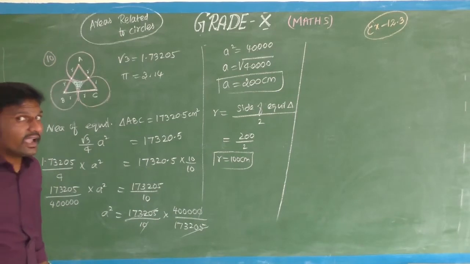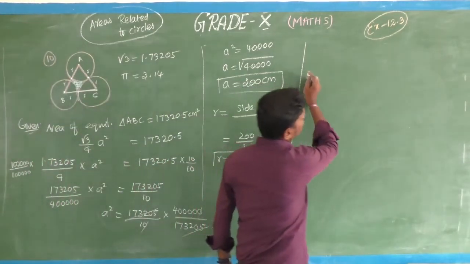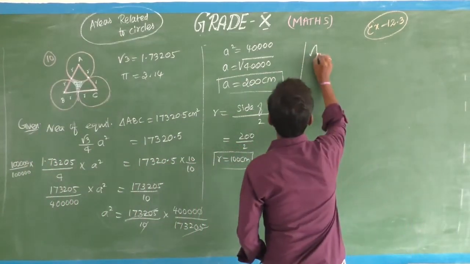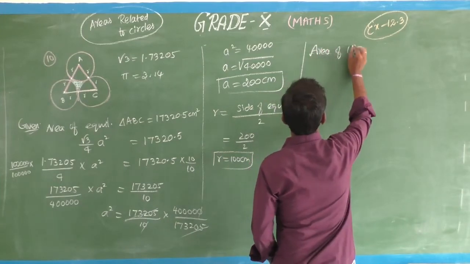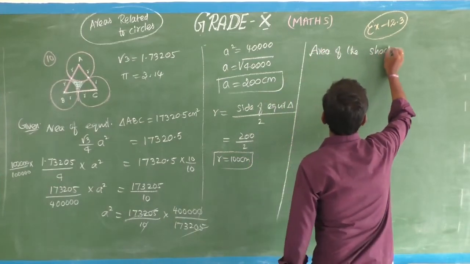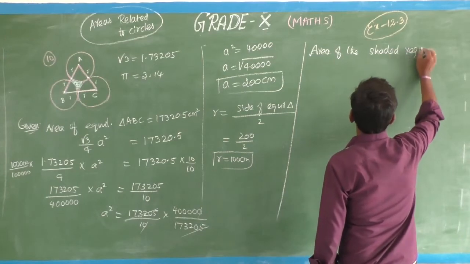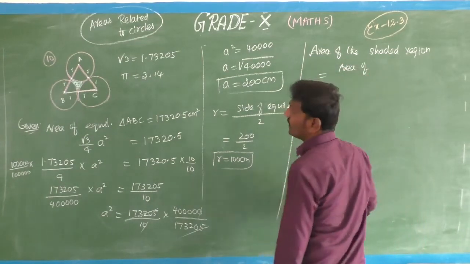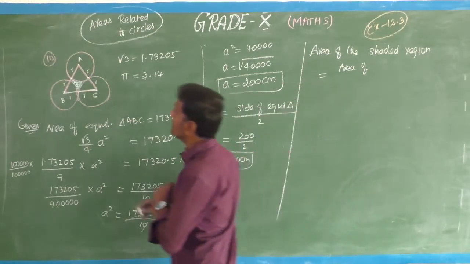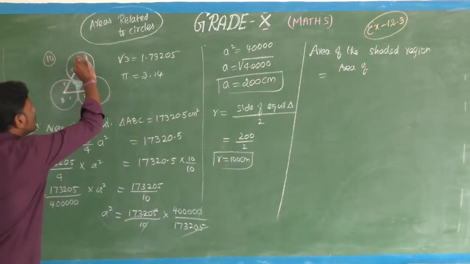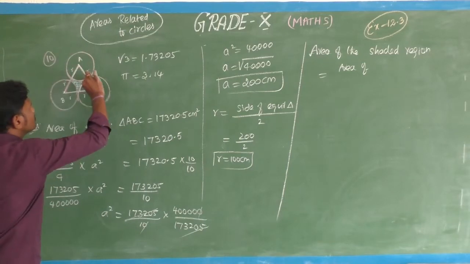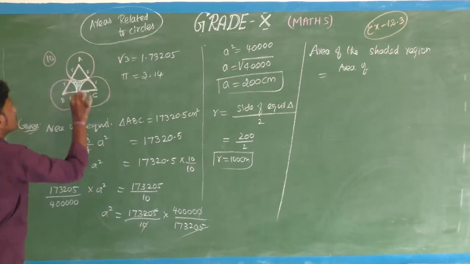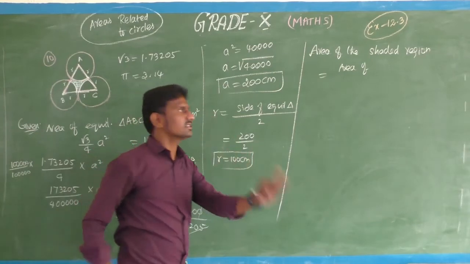Now what am I going to find? Area of the shaded region. What is that? Area of the shaded region. For that, already we know the area of the equilateral triangle. So for that, I am going to separate 3 sectors. What are the 3 sectors? See, student, this is one sector, this is one sector, and this is another sector. Total how many sectors are there? 3 sectors. Okay.